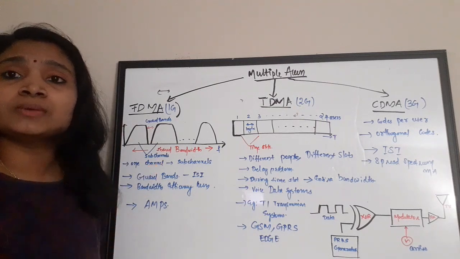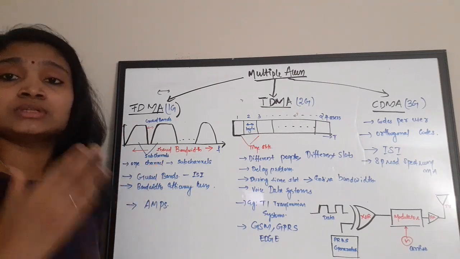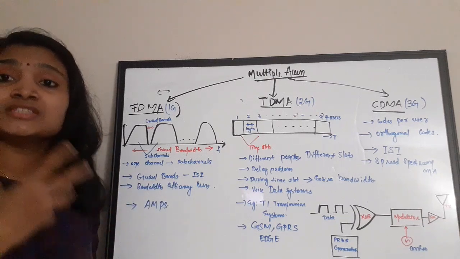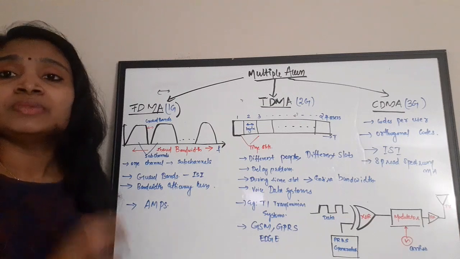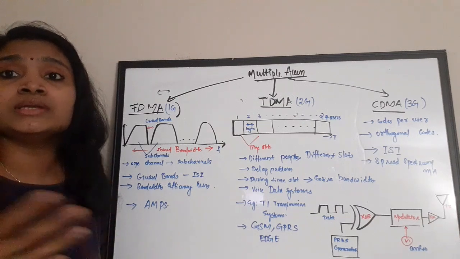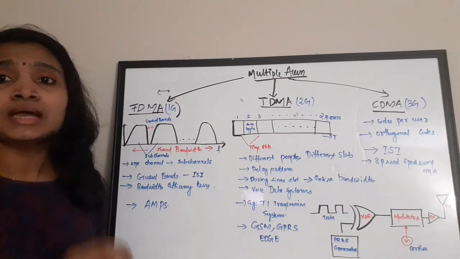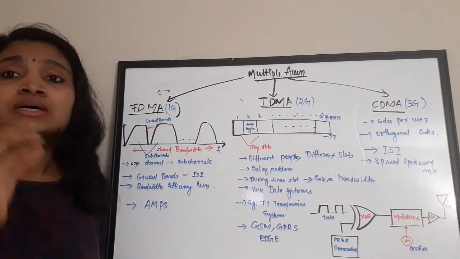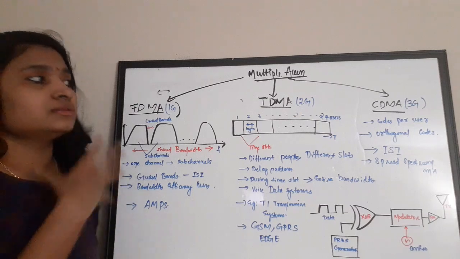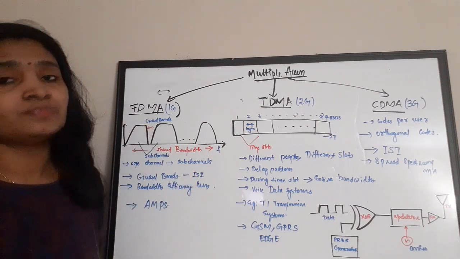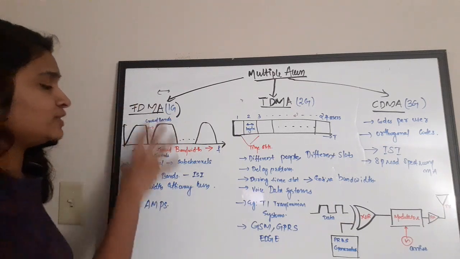So the bandwidth is not efficiently used; there is wastage of bandwidth. The entire bandwidth is not wholly used for communication, since some portion is used for guard bands. So that is one drawback of the FDMA system.